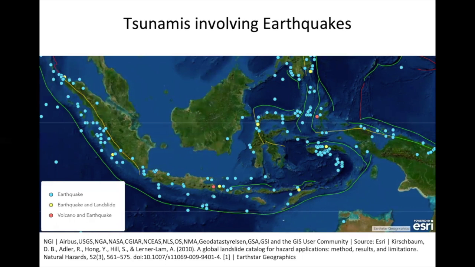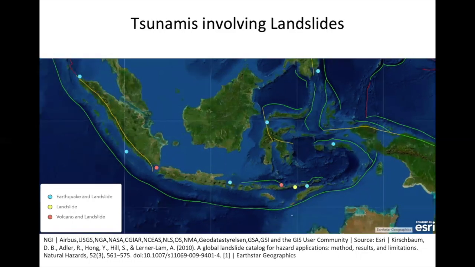This is a map showing tsunamis involving earthquakes, and as you can see, the majority of these events are attributed solely to earthquake activity. One example is the recent 2004 Indian Ocean tsunami. This map shows tsunamis caused by landslides. Lembata 1979 is the only yellow dot, meaning the only event that was attributed solely to landslide activity.